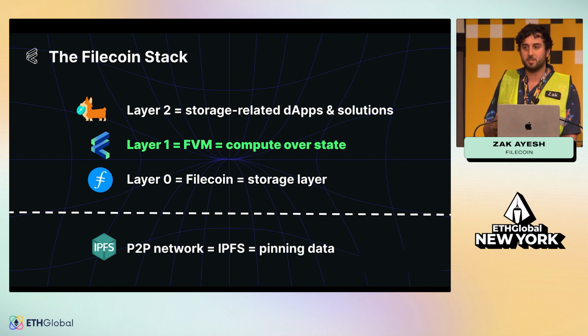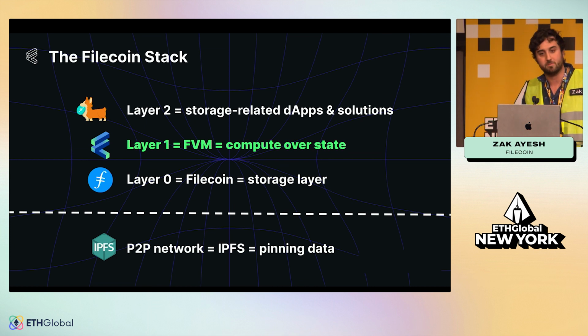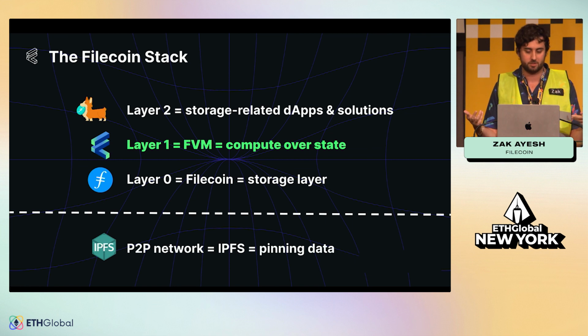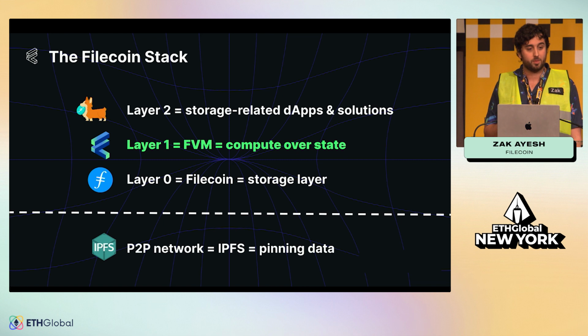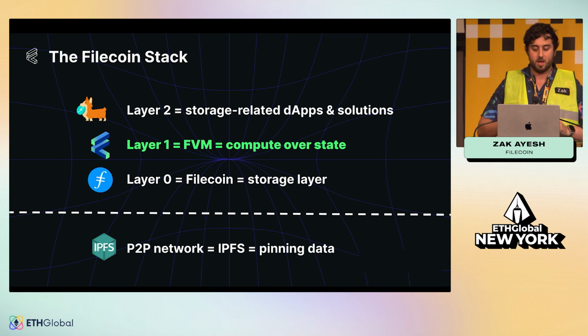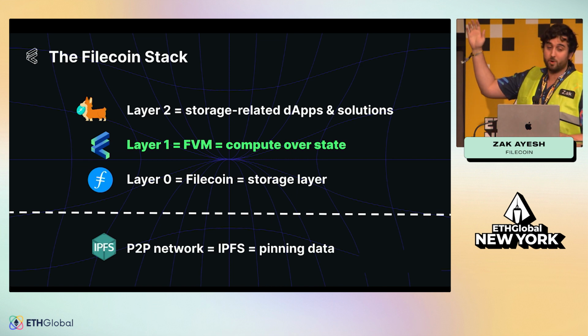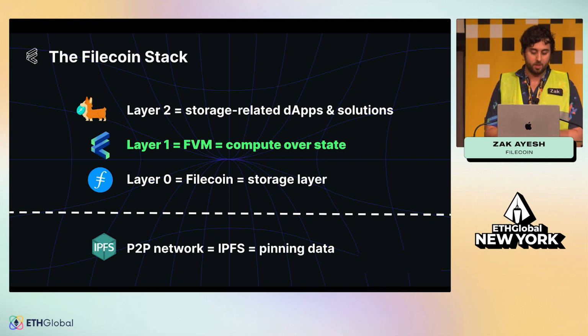Only the content is content addressed, not location addressed. So like BitTorrent, you need a file to get started. In IPFS, you look up your content by what's called a CID, which is basically like a hash of your data that represents your data, right? The thing with IPFS is you don't have permanent storage on it, right? There's nothing that guarantees your data is going to stay up if people just don't have it pinned up, right? So this is where the Filecoin blockchain comes into play.